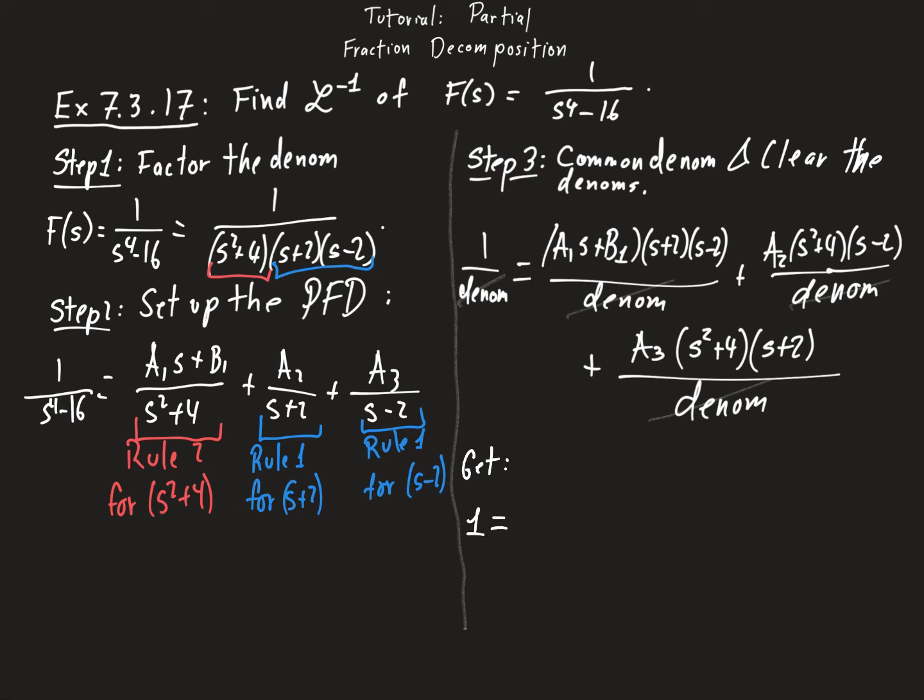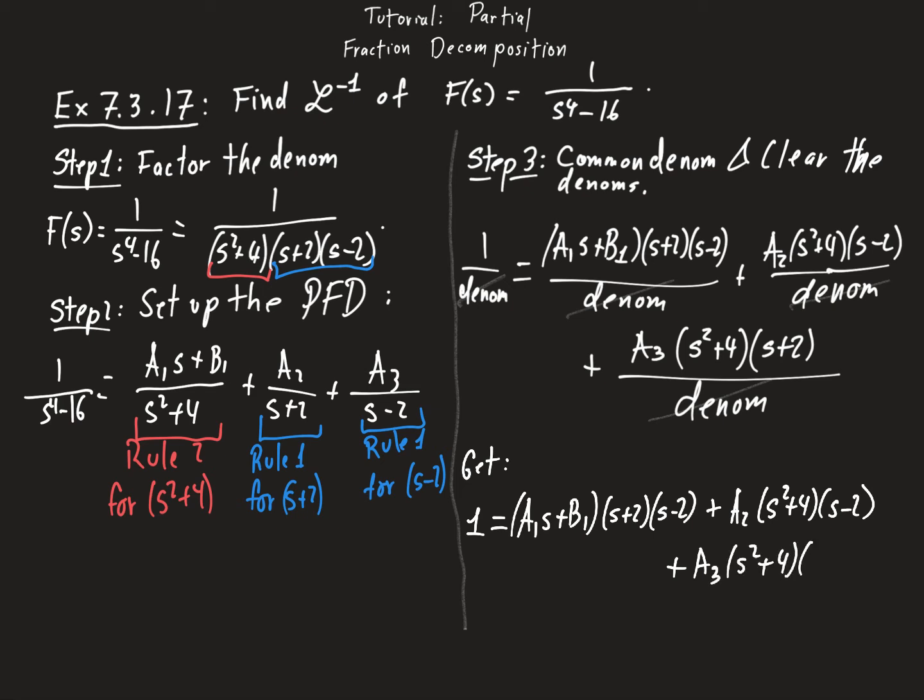And that's equal to, on the right-hand side, a1s plus b1 times s plus 2 times s minus 2, then plus a2 times s squared plus 4 times s minus 2, and then plus a3 times s squared plus 4 times s plus 2.